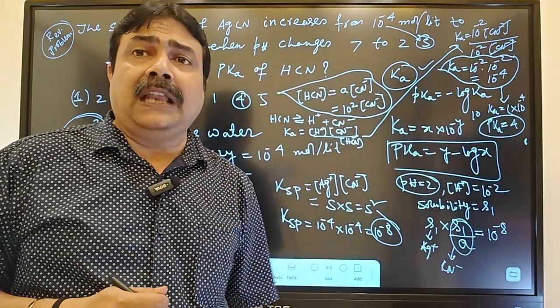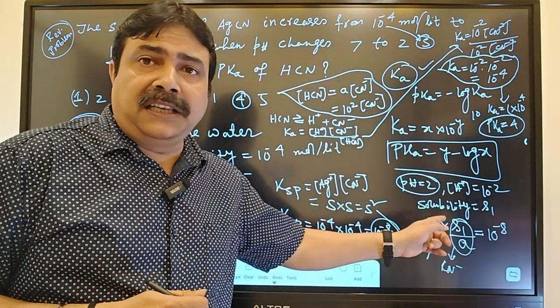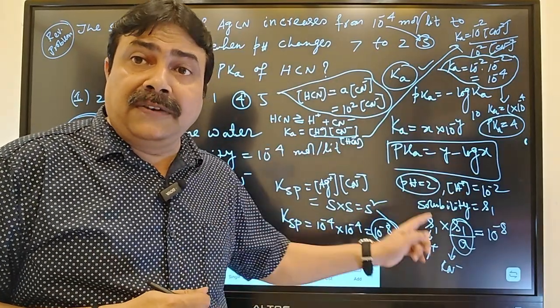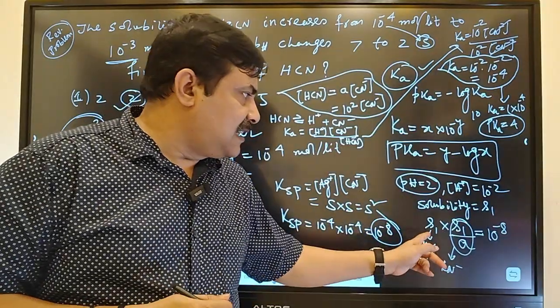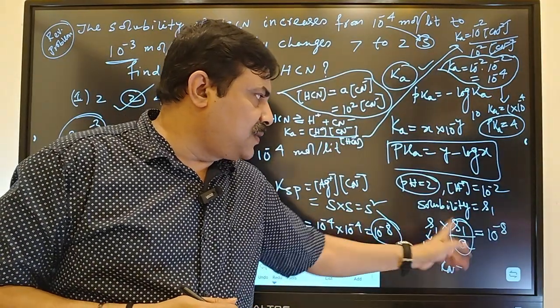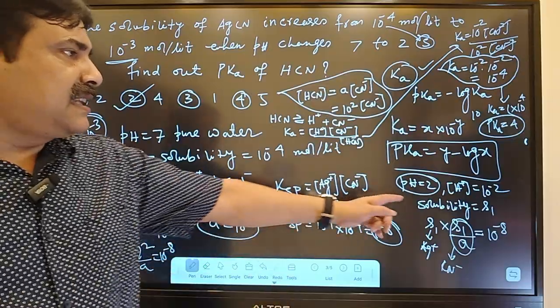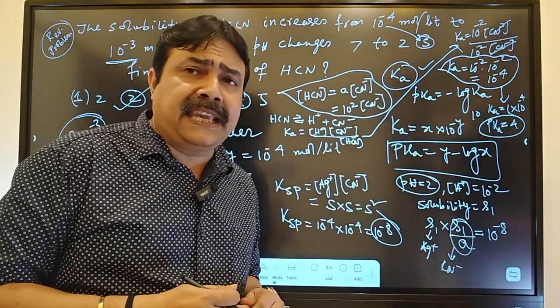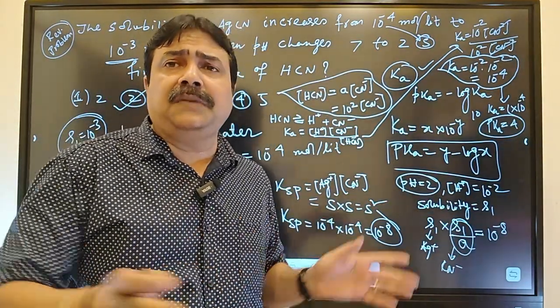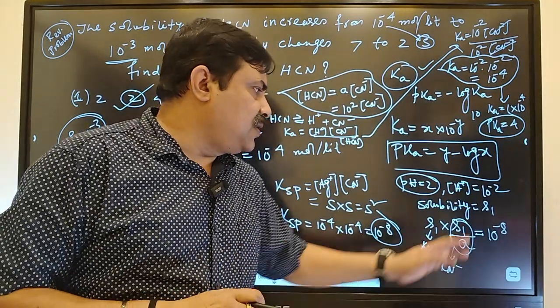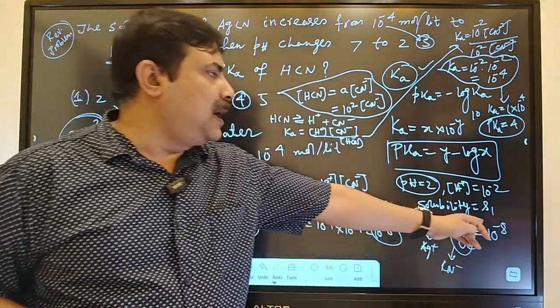In the forward problem the A value was 10 power of 7, but in the backward or reverse problem we need to find the A value. That's why S1 into S1 by A equals 10 power of minus 8, because 10 power of minus 8 is KSP. KSP is not going to change whatever the pH of the solution may be.